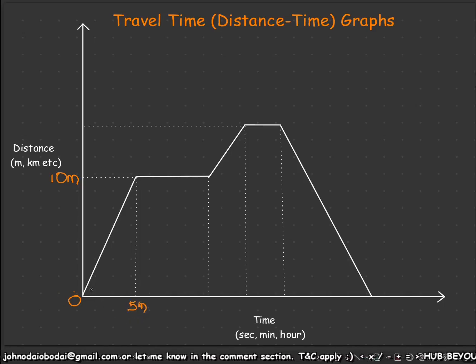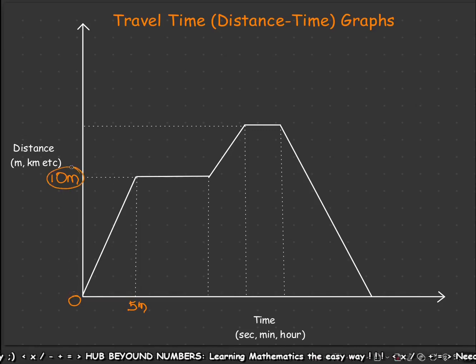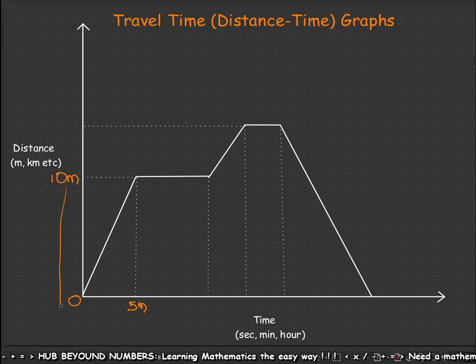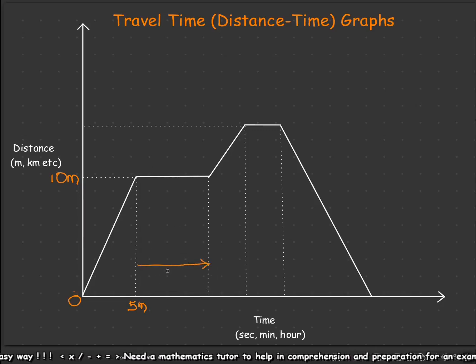Now away from your house, you are still at the shop, which is 10 meters away from your house. Do you see that? But then you are staying there for a number of time. So let's say for about 15 more minutes. You get it? And that is this time span we have over here.